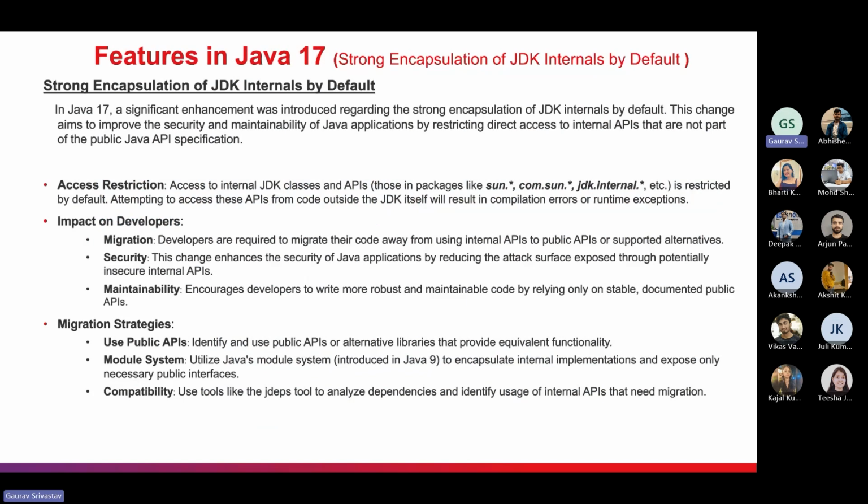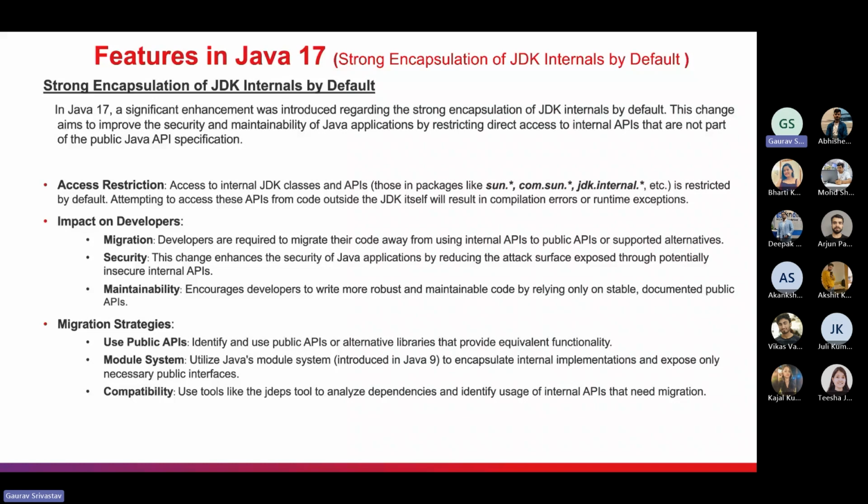Okay, so we also have strong encapsulation. In previous versions of Java, some developers used internal classes to achieve certain functionality, even though they weren't officially supported, like the sun packages, right?